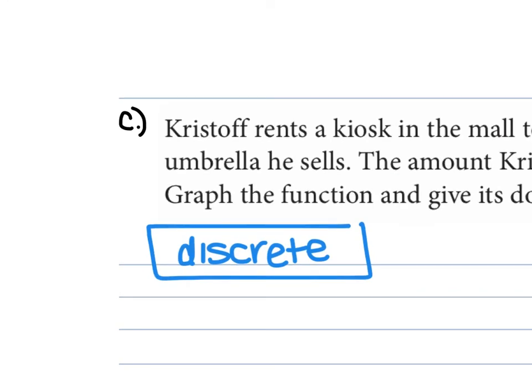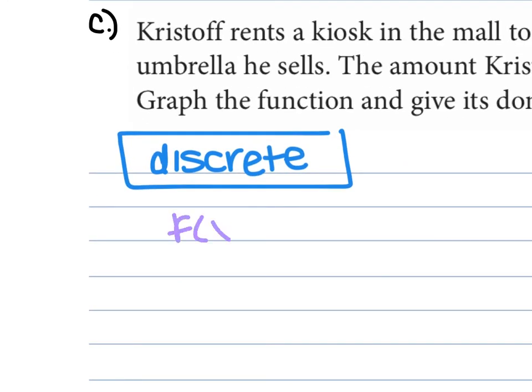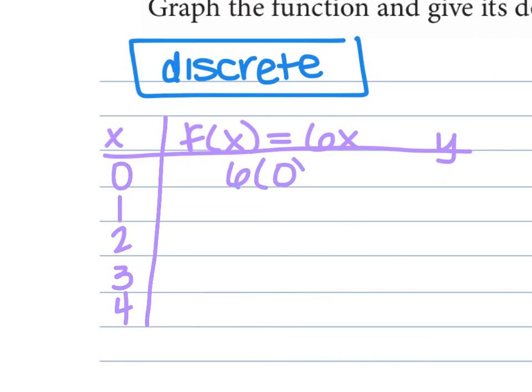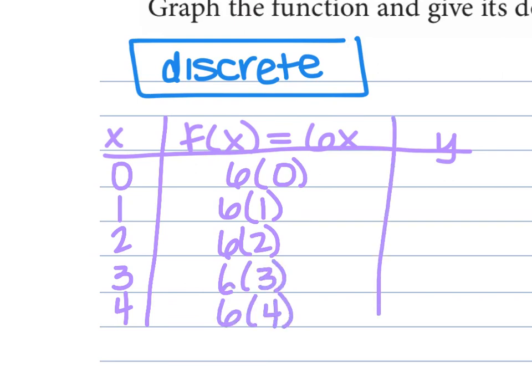So if we have the function f of x is equal to 6x, we're going to find values for x and y. We're going to use values of 0, 1, 2, 3, and 4. So we're going to have 6 times 0, 6 times 1, 6 times 2, 6 times 3, and 6 times 4. 6 times 0 is 0, 6 times 1 is 6, 6 times 2 is 12, 6 times 3 is 18, 6 times 4 is 24.